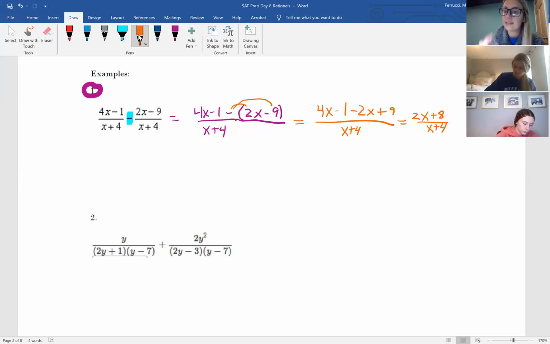Now, at this step, we can see if we can simplify it anymore to make sure that your final answer is in simplest form. The bottom, like we said, we can't factor, but the top has a greatest common factor. We can factor out a 2.